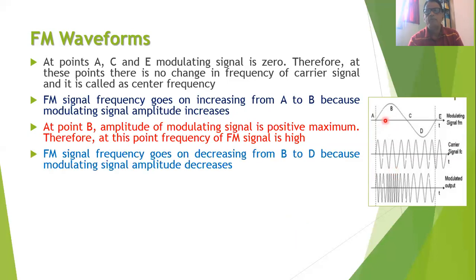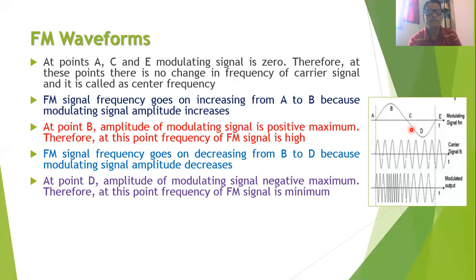Now, from B to D, the amplitude of the modulating signal goes on decreasing, and therefore the frequency of the FM signal also goes on decreasing from point B to D. At C, the amplitude of the modulating signal is almost 0, but from C to D, it increases negatively, and therefore the frequency of the FM signal also goes on decreasing.